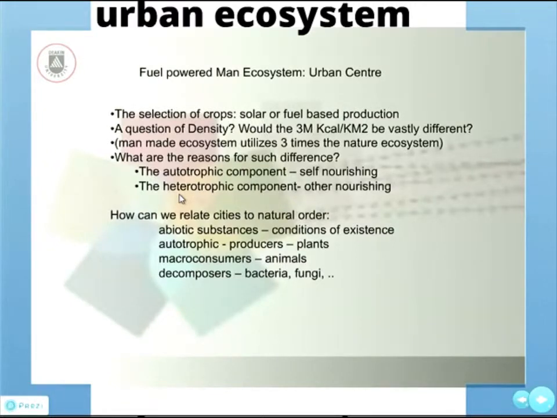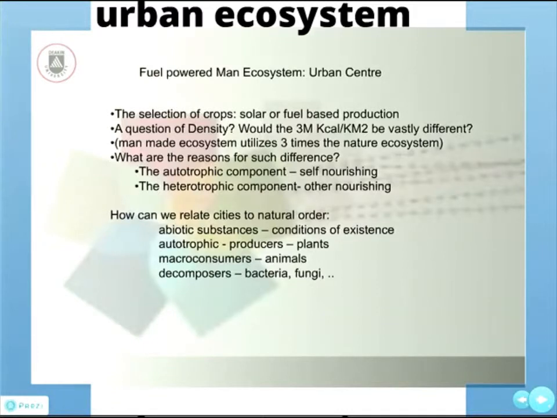But it's not quite true, because think of what we do with this autotrophic system, with parks in cities. We mow them using power. We collect the leaves every day so they look beautiful.